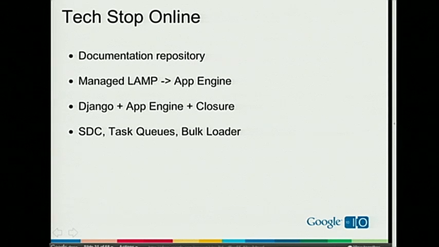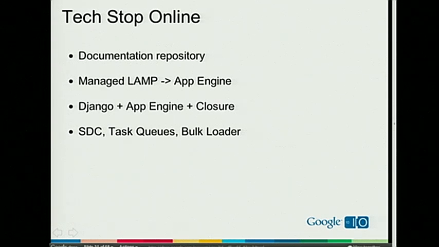In essence, you can think of it like a CMS, or a content management system. We provide a lot of the same features, and we have a lot of the same requirements. Previously, we were deployed in a managed LAMP environment using an OSS CMS solution. And we migrated to App Engine for a variety of reasons, many of which Ben covered, and some of which I will cover in a second.